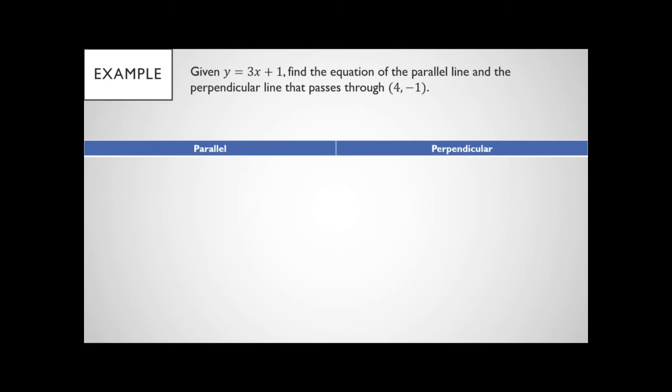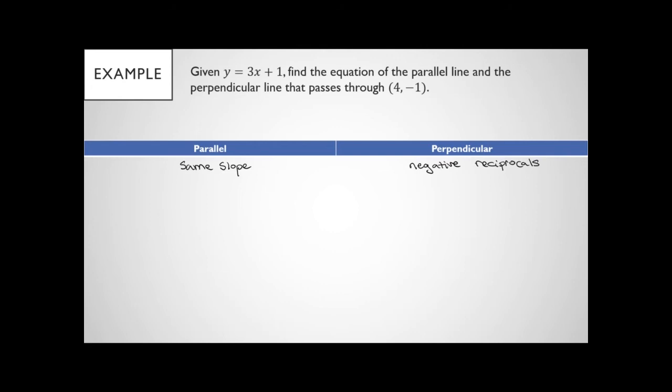So if you're recalling from the section on slope, parallel lines have the same slope. And perpendicular lines are negative reciprocals. So it's the reciprocal and it has the opposite sign. So in order to write the equation of a line, we need to know the slope from the given line.